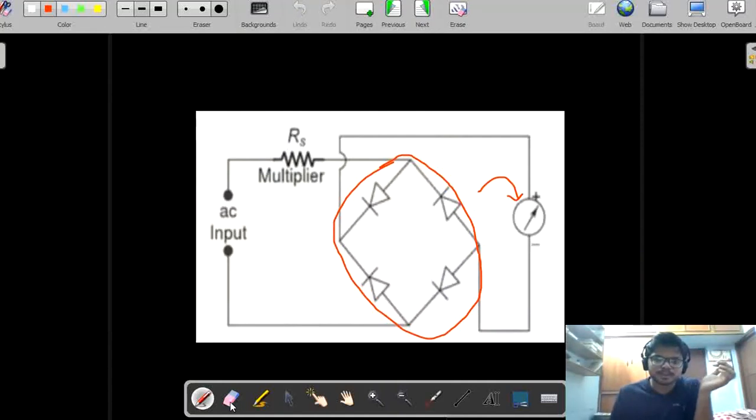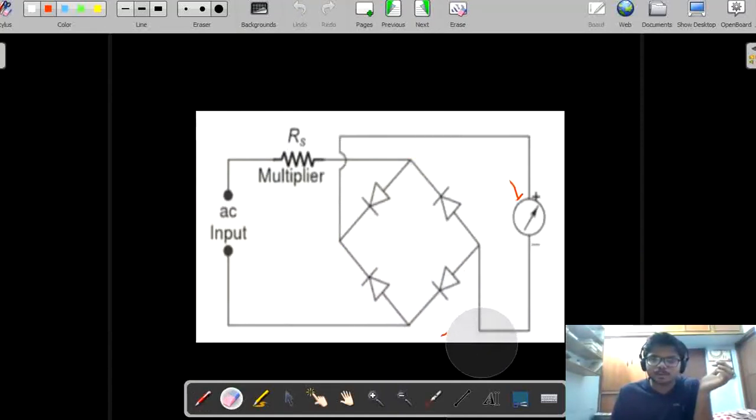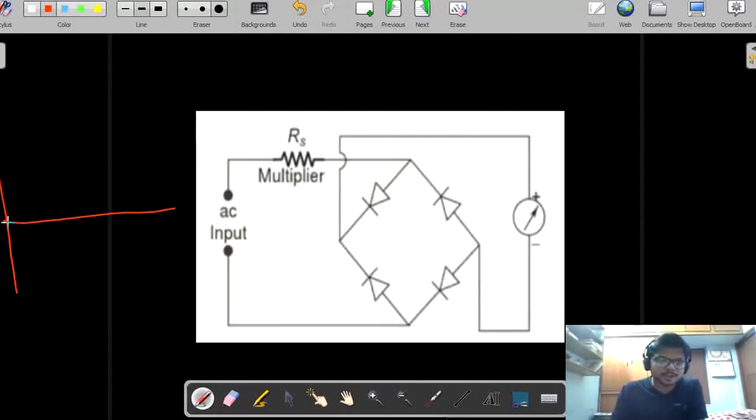Now we will see with a diagram how AC voltmeters really work. Suppose I have some sinusoidal voltage. See carefully, until this point I have a voltage of positive value, and from this point a voltage of negative value.